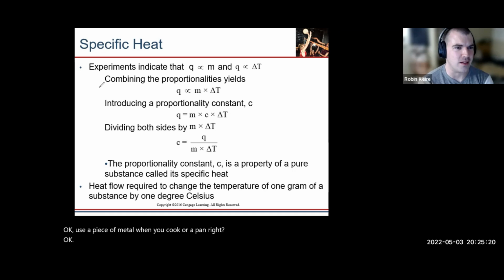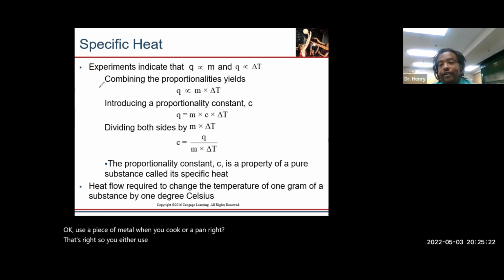That's right. So you use iron, copper, or aluminum, right? Based upon the type of metal you have, it's going to be able to conduct heat through it. Some are going to be better than others, right? So specific heat is looking at that heat flow over that substance, okay? So how much heat is going to be able to be transferred through that substance that we're looking at.